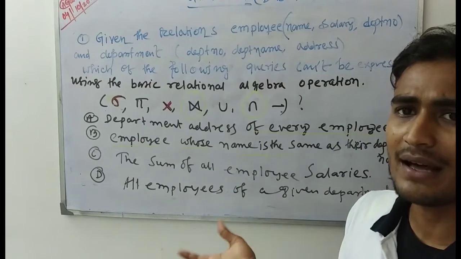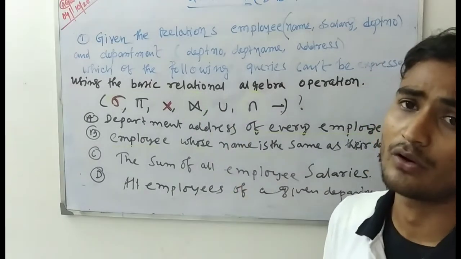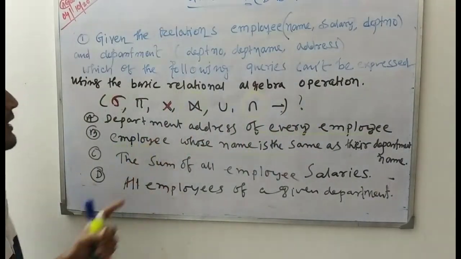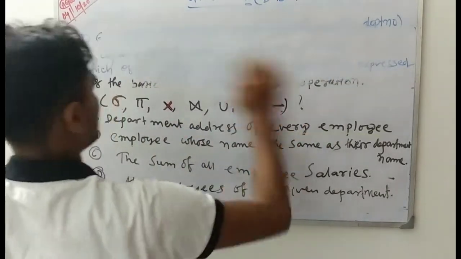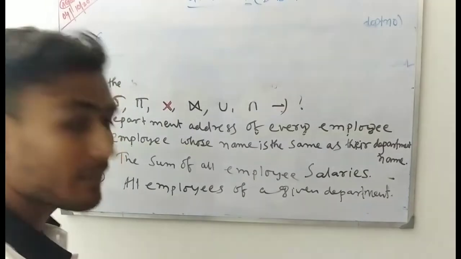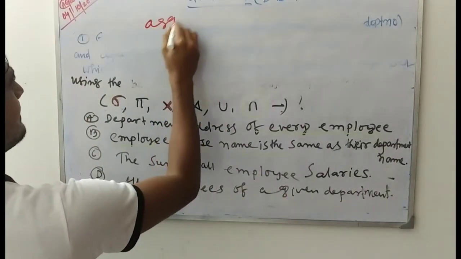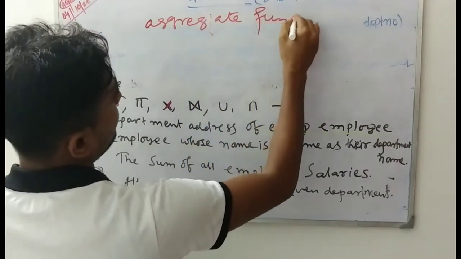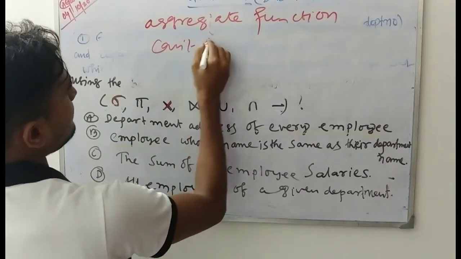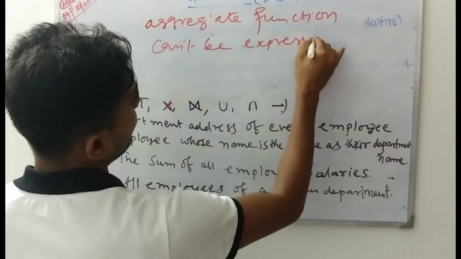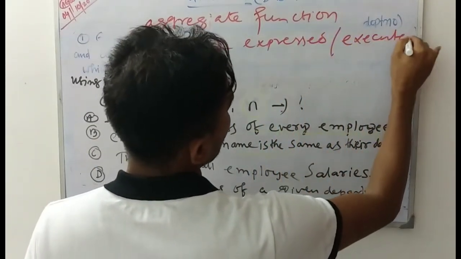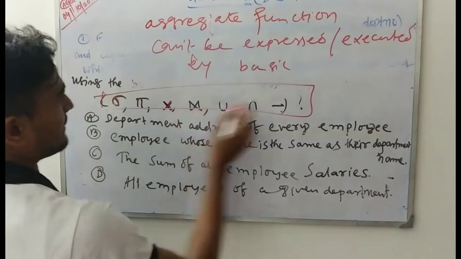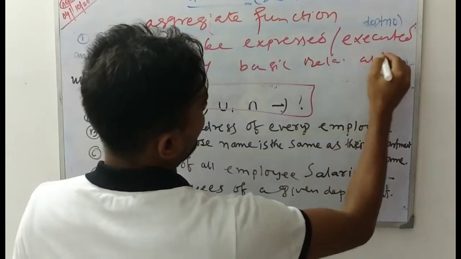Can this query be expressed by the basic relational algebra operations or not? Yes, this query can be expressed by the basic relational algebra operations. Aggregate functions cannot be expressed or executed by the basic relational algebra operations.